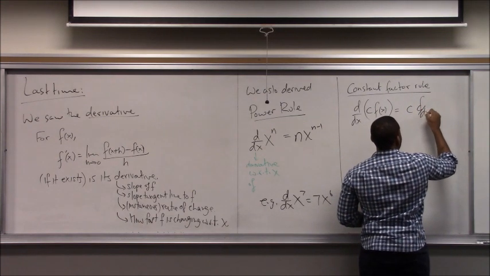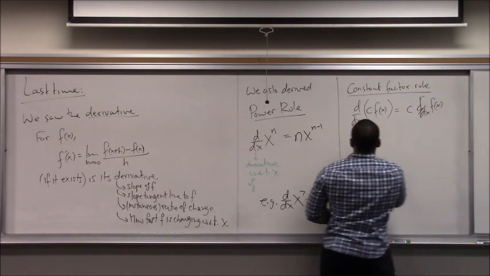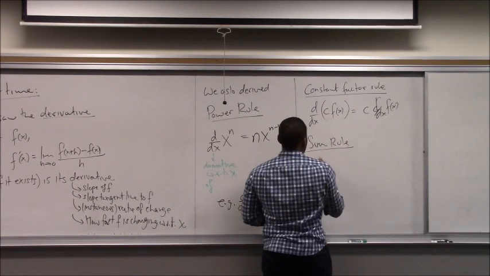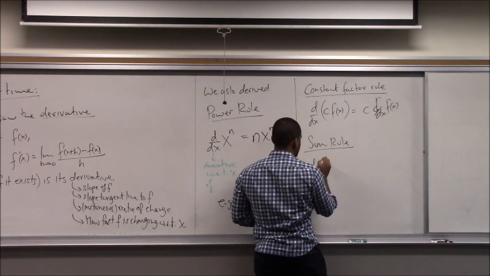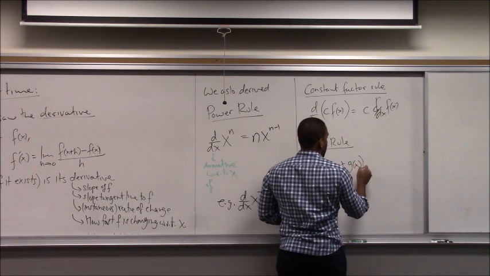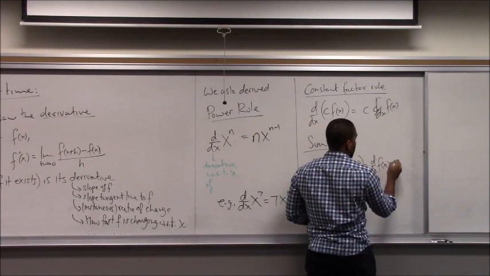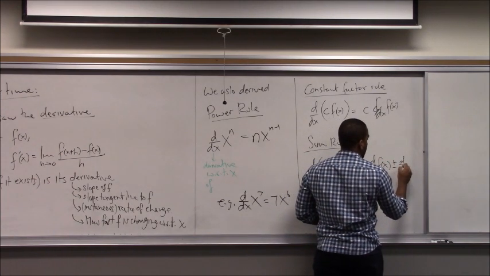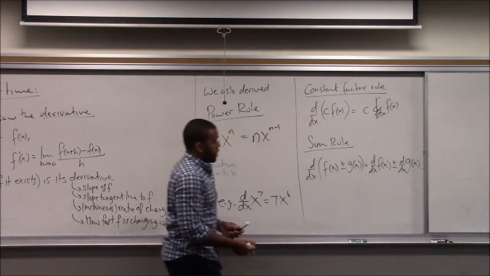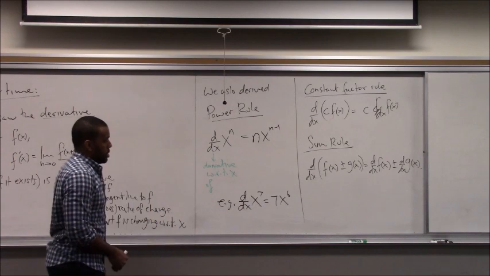We also saw the sum rule, which says if you're taking the derivative of a sum of functions, then it's just taking the derivative of the individual functions and sticking them together. And using those, we could find the derivative of some more complicated functions.